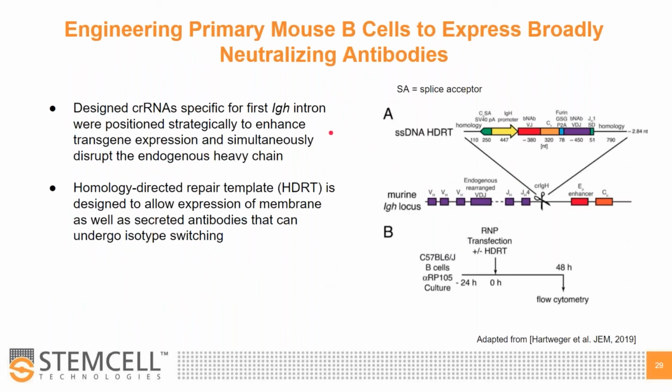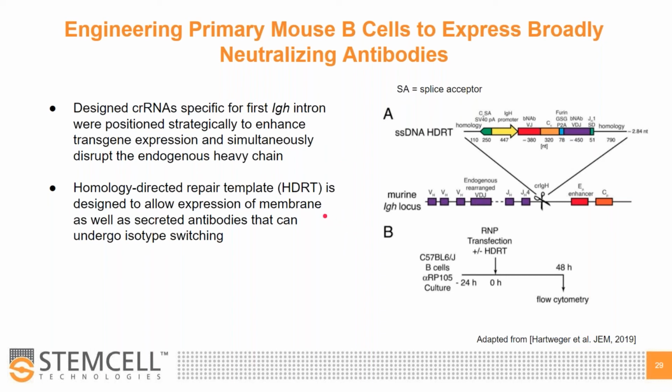Further, they also had to design a homology-directed repair template, which would be inserted into the heavy chain and would express the newly engineered heavy and light chain of the new antibody. So the CRISPR RNAs were, again, designed to simultaneously disrupt the heavy chain and enhance transgene expression.